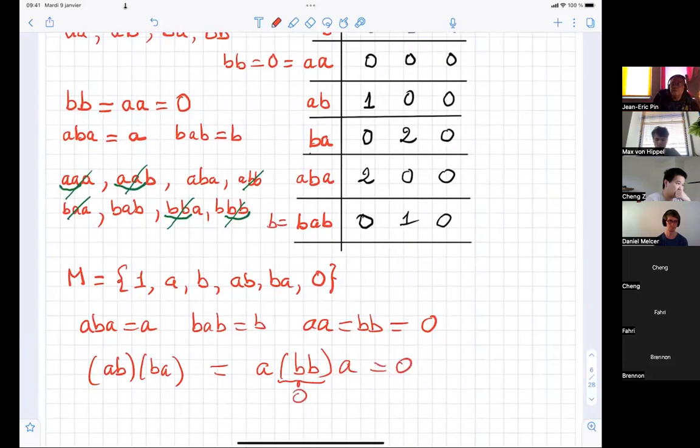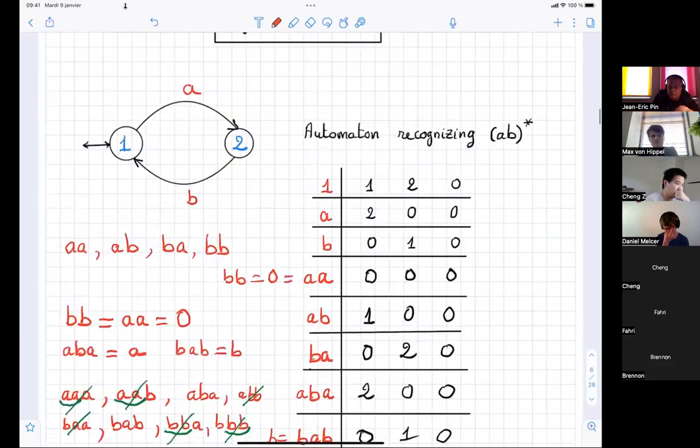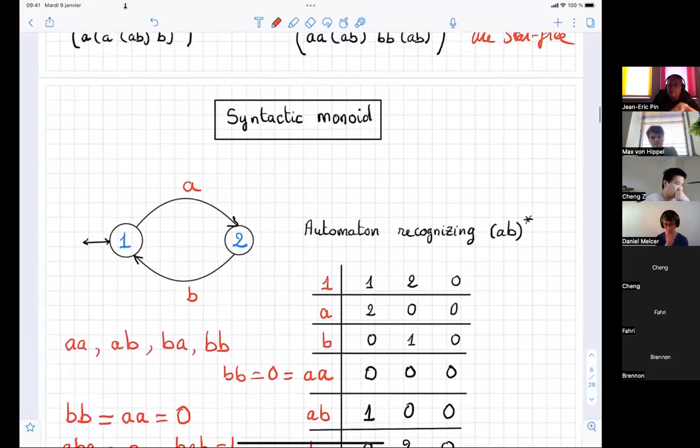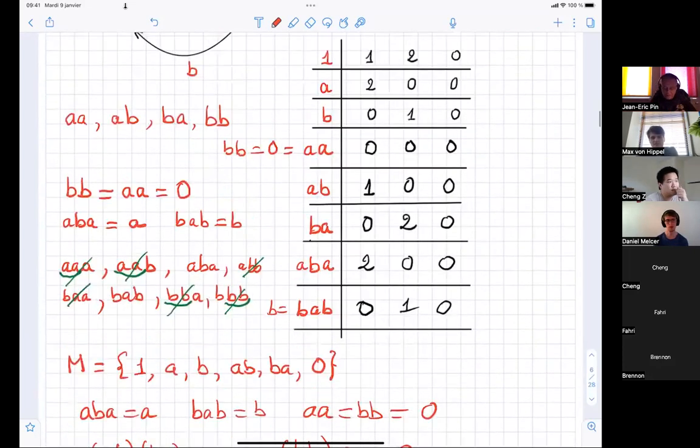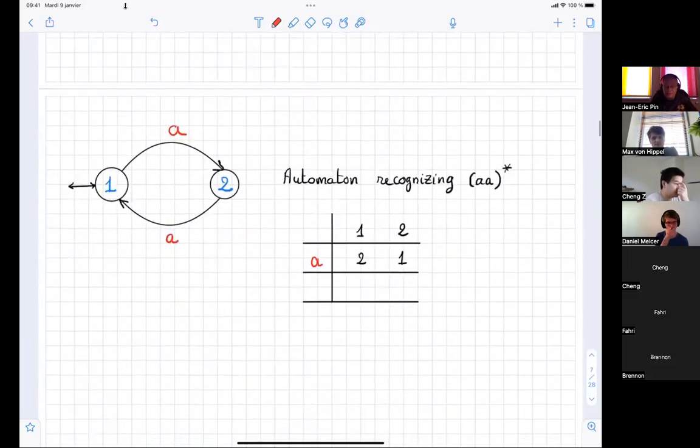Okay. So do you see how I obtained this monoid from this automaton? Yeah. Very good. So this was an example. Let me do this other example, which is much simpler because there is only one letter. So here we have the identity as empty word gives the identity. And what happens if I compute A squared?